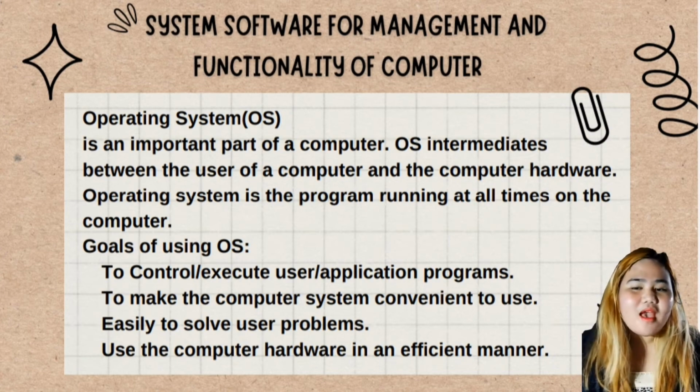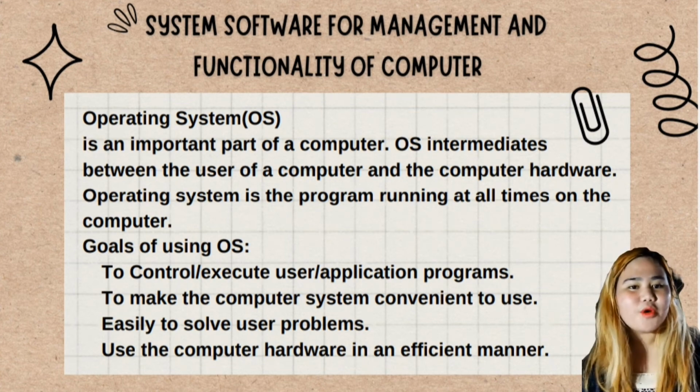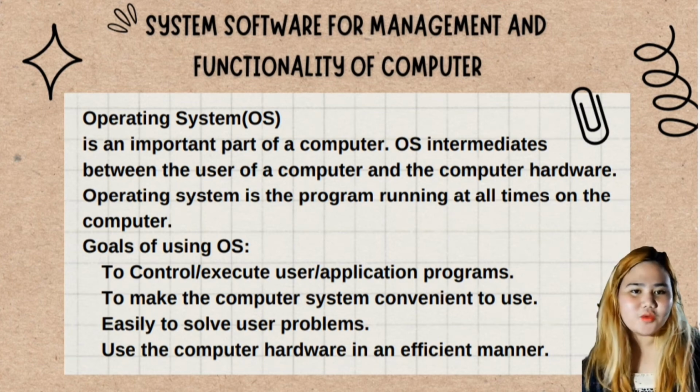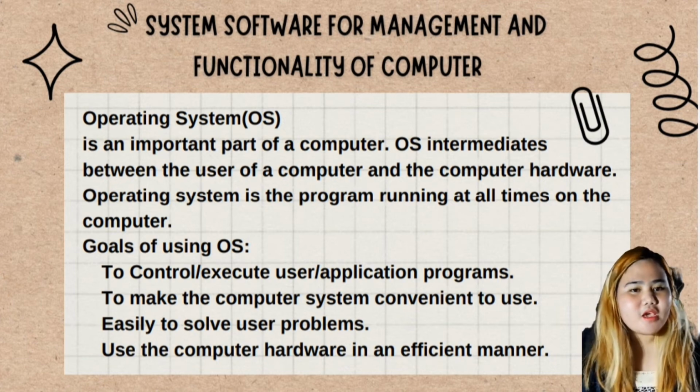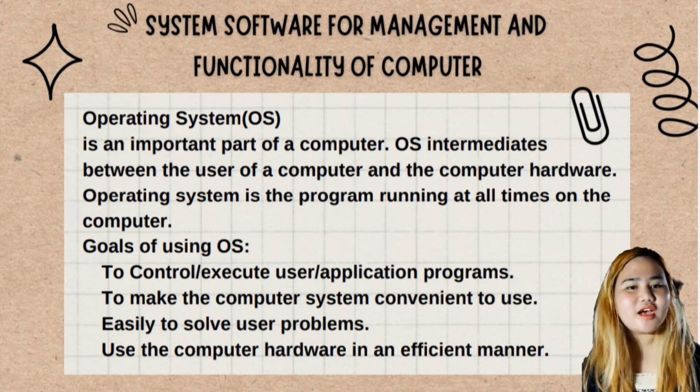Operating system. An essential component of a computer is the operating system, or OS. The OS serves as the bridge between a computer's users and its hardware. As required by the application software, various types of application software make use of specific hardware resources of the computer, such as the CPU, I/O devices, and memory.